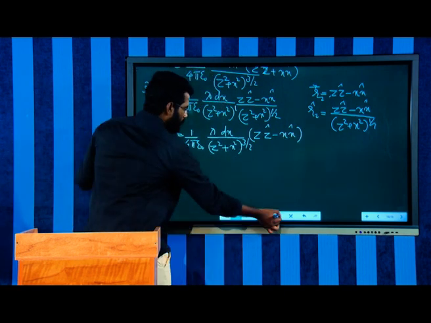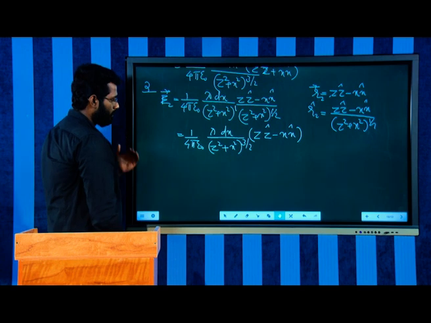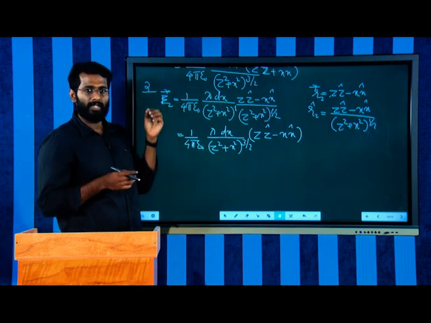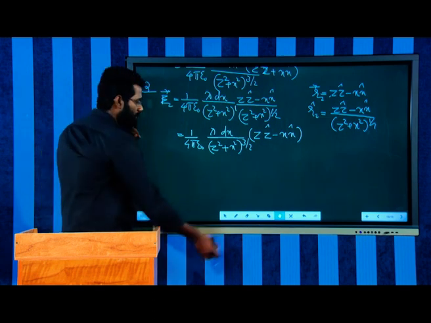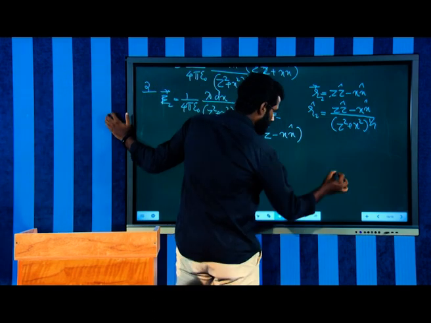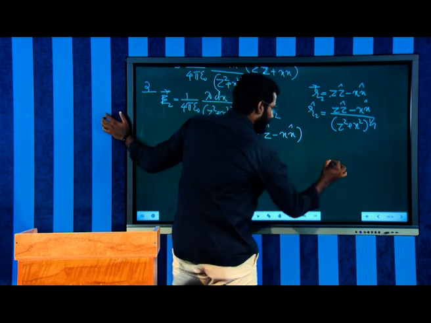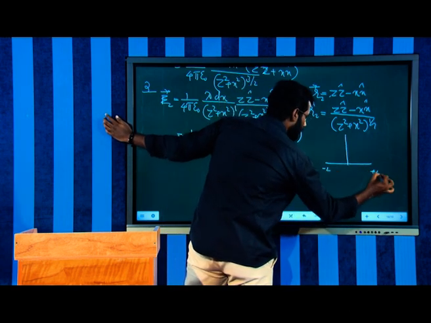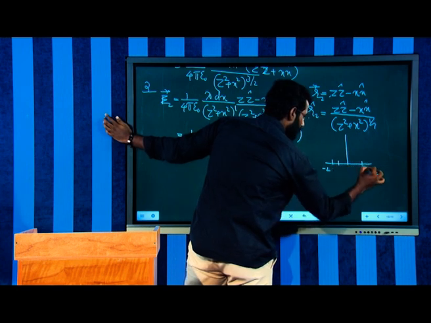Now, we got two equations. E1 is the electric field due to the charge at the left side, and we will just draw roughly that figure here. We have something like this, this is minus L, this is plus L, and this is our dq and dq.